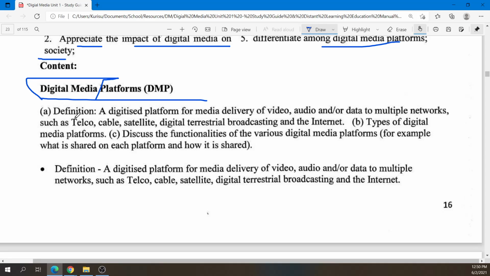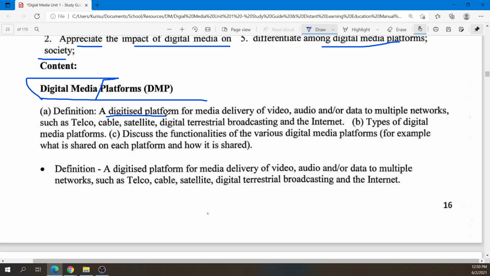For our content, we're going to be looking at the definition: a digitized platform for media delivery of video, audio, and/or data to multiple networks such as telco, cable, satellite, digital terrestrial broadcasting, and the internet. So what is a digital media platform? It is basically a platform that is digital.